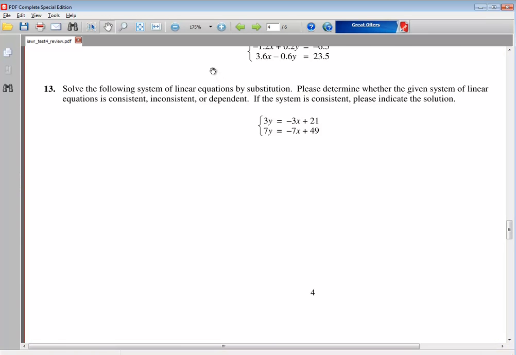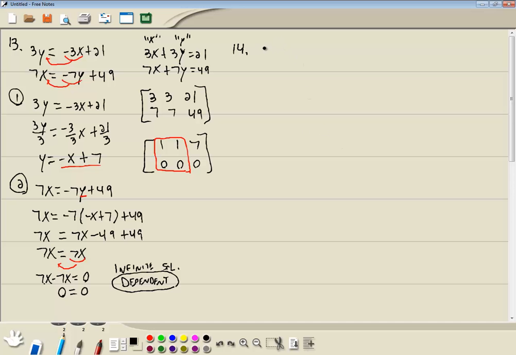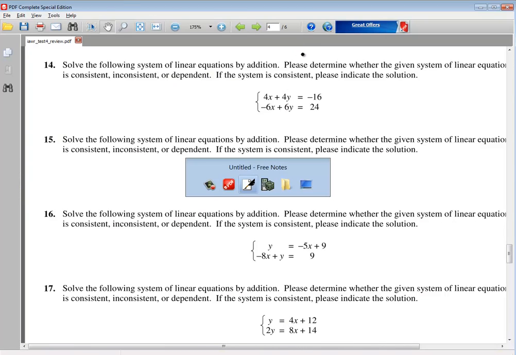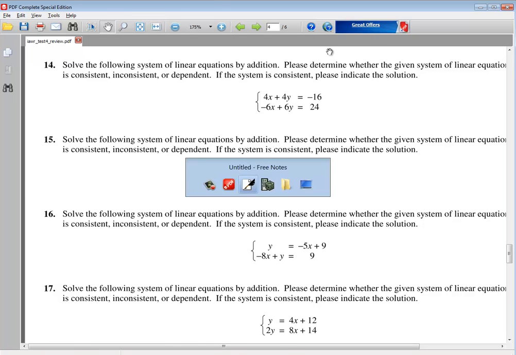Number 14. Let me grab a drink before I do this one. All right, the addition method. I like addition method pretty well. Got 4x plus 4y is equal to negative 16.